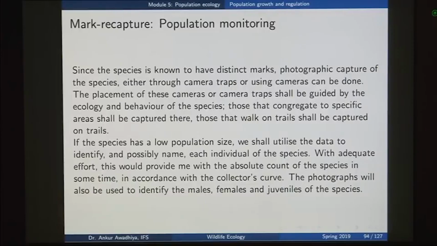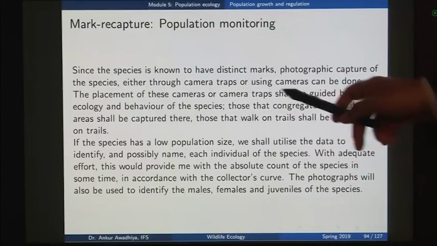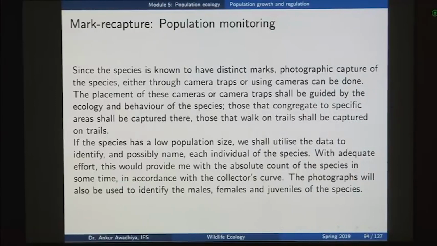Those that congregate to specific areas shall be captured there, and those that walk on trails shall be captured on trails. A good example of an animal that walks on the trails is the tiger. If you want to take a photograph of a tiger, you put your camera trap in an area that has a trail. A trail is a small road, because a tiger does not want to move in those areas that are thorny or that are rocky.